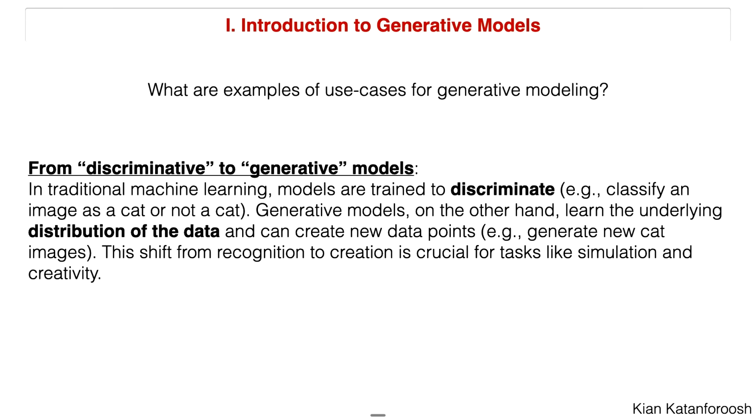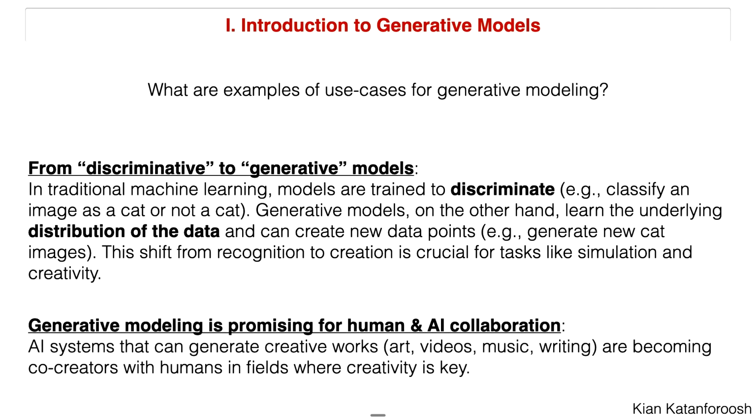And those models turn out to be very powerful for simulation, creativity, and for human and AI collaboration as a whole. Video generation, we're going to see some examples, art, music, writing, etc. And it turns out that generative AI is very useful, and a lot of people today are using diffusion models or even GANs, although those have different use cases nowadays.